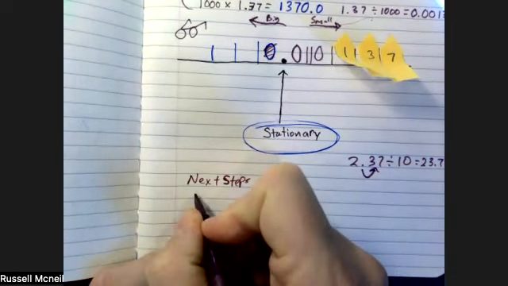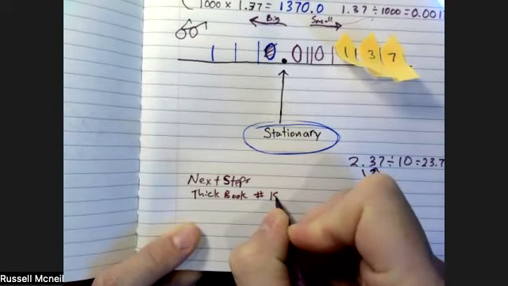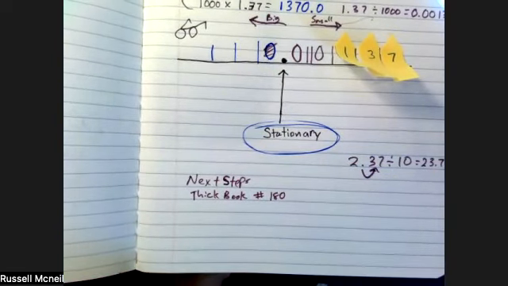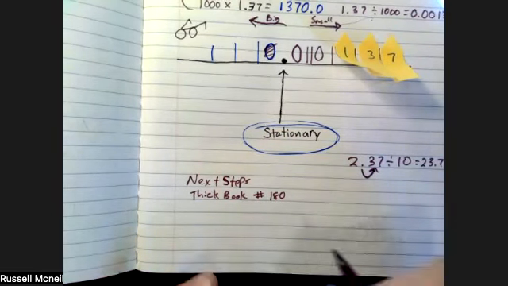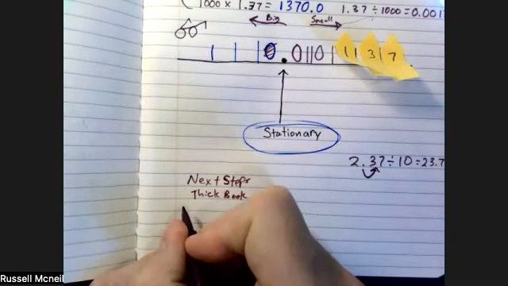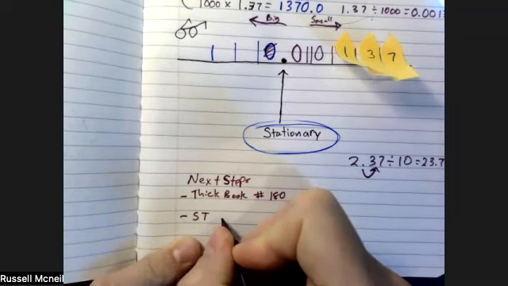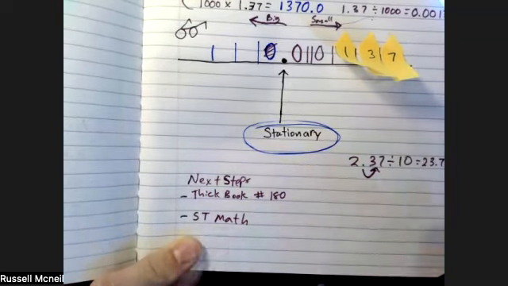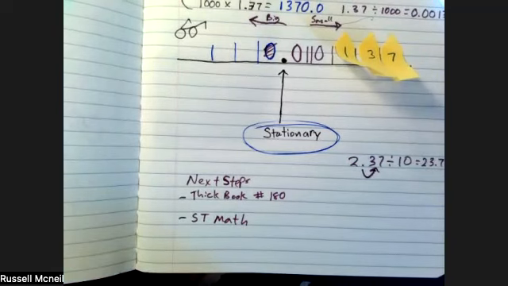So the thick book, class workbook, page number 180. You're going to see some samples here. And then after that, you will be going to ST Math, and you'll see some more examples in ST Math.